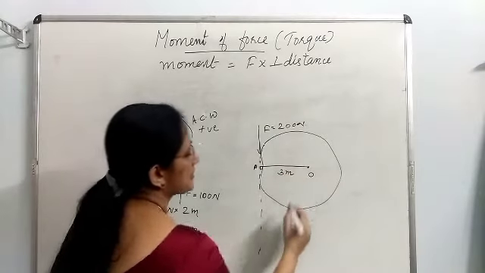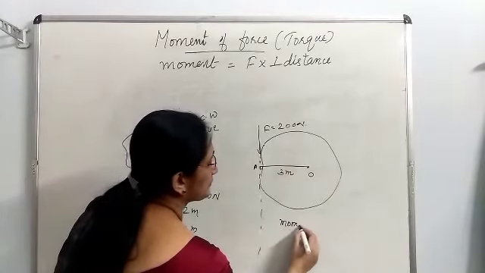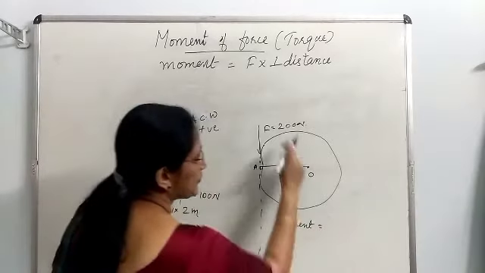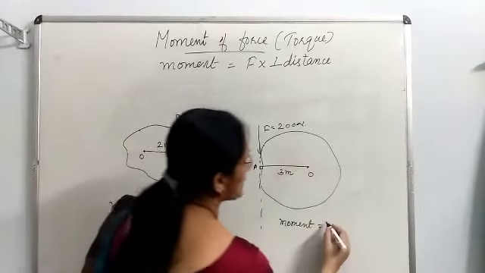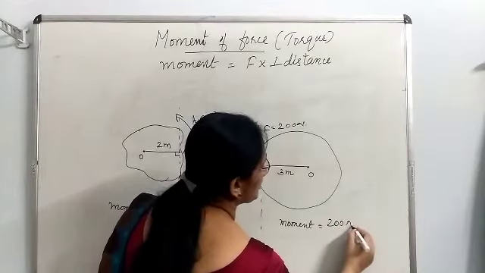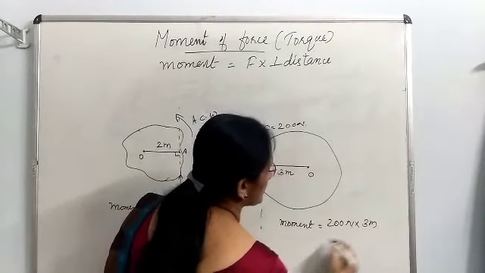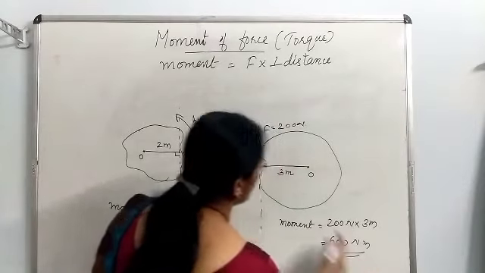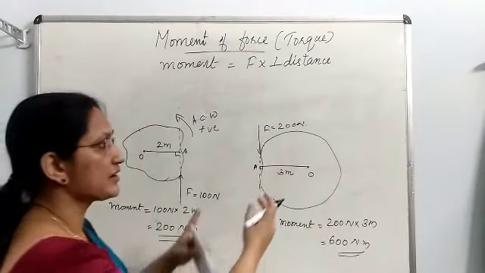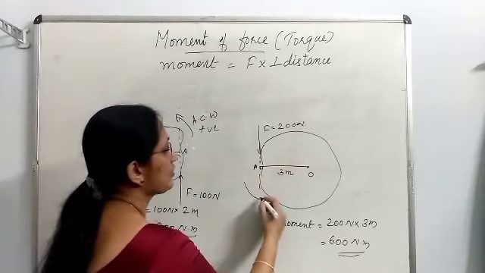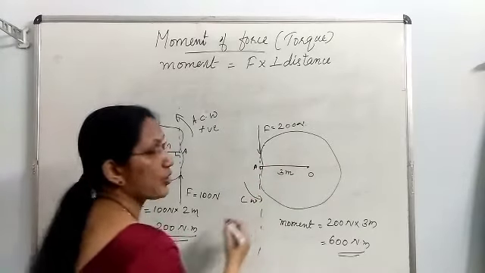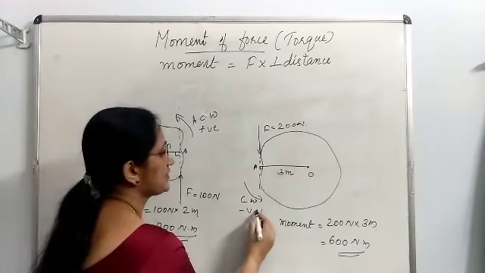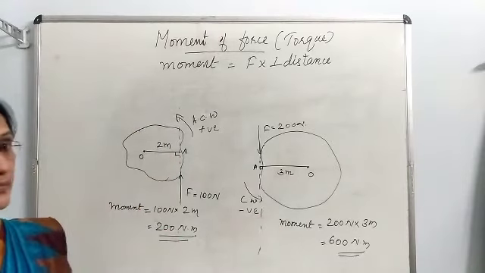Suppose it is 3 meter, then moment is force into perpendicular distance. 200 Newton into 3 meter, 600 Newton meter. In this case, the turning effect will be in clockwise direction. Clockwise moment is considered as negative moment.